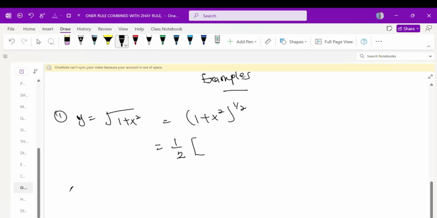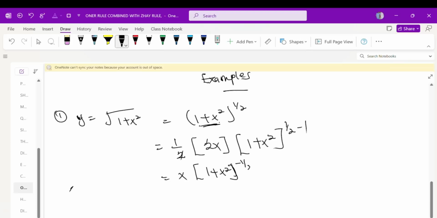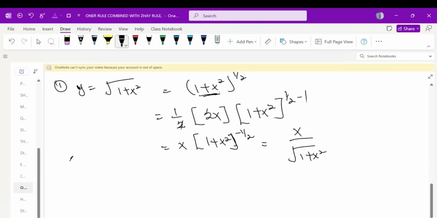Then we differentiate what is inside the bracket. Okay. So when you differentiate 1, you get 0. When you differentiate x squared, you get 2x. Okay. Then we maintain our function that was given to us. Then we subtract 1 from the exponent. These two will cancel these two. So you're going to get x multiplying 1 plus x squared exponent negative 1 over 2, which is the same as x over root of 1 plus x squared. Do you get it?